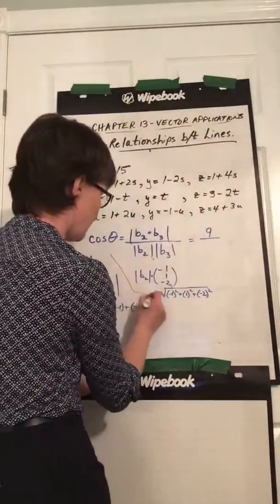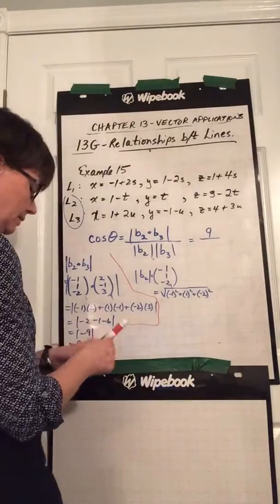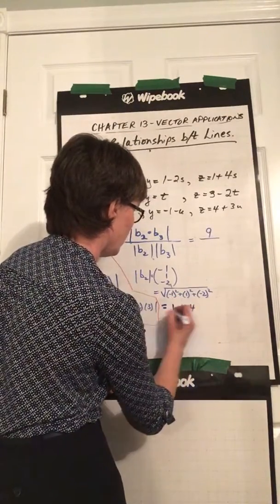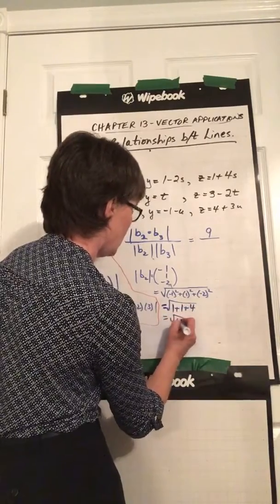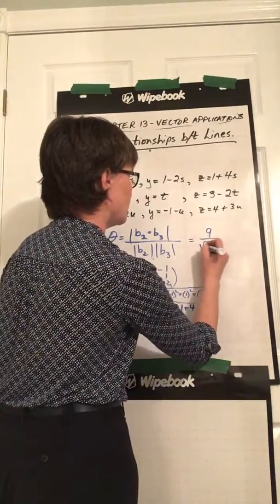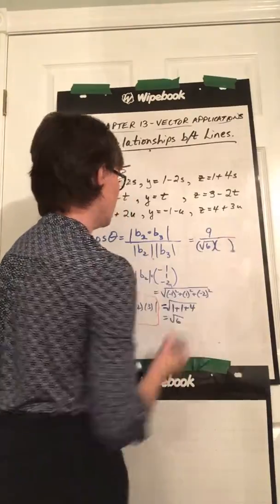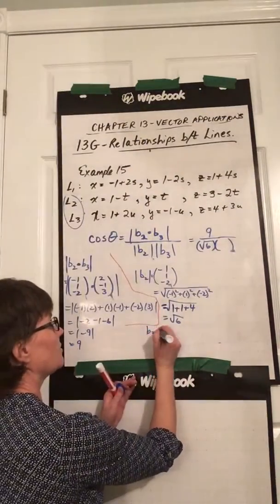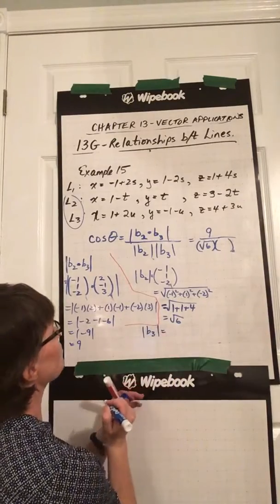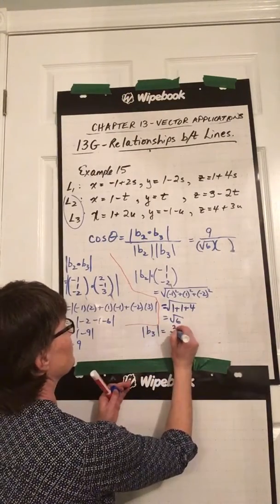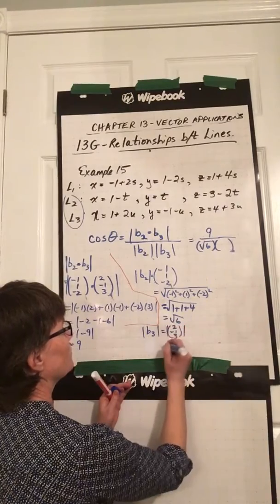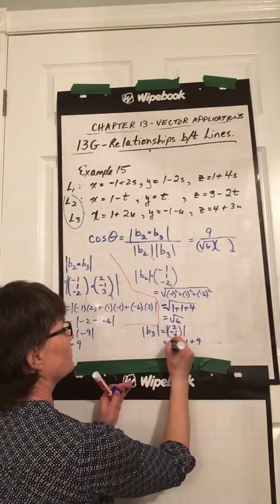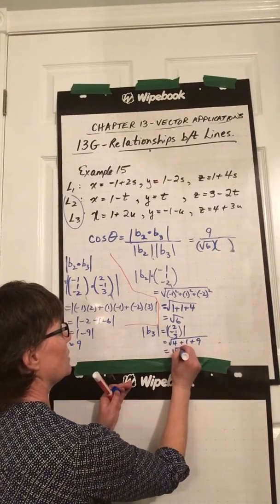Don't get mixed up. That's root 6. And the size of the direction vector from line 3. And that's root 14.